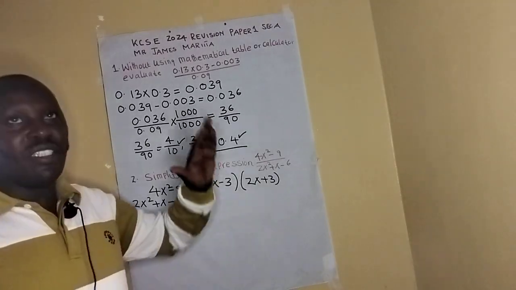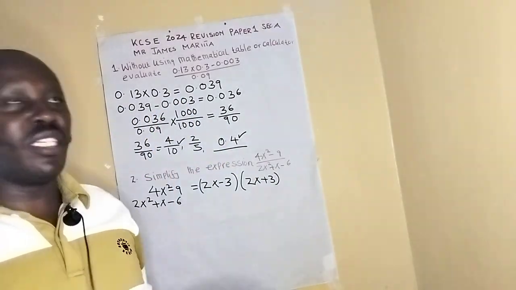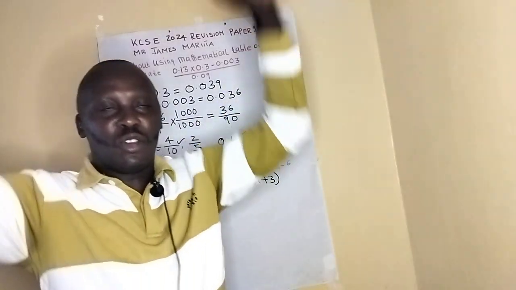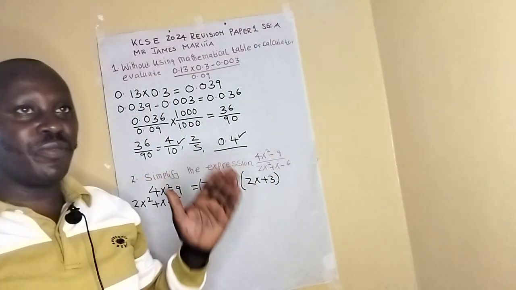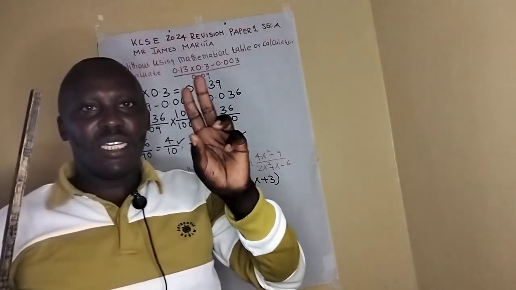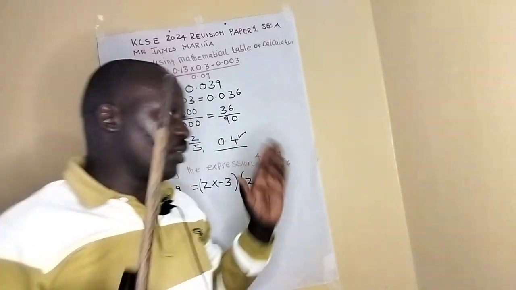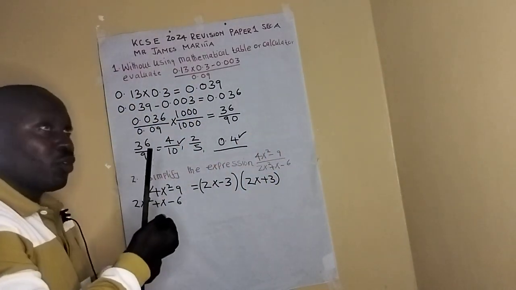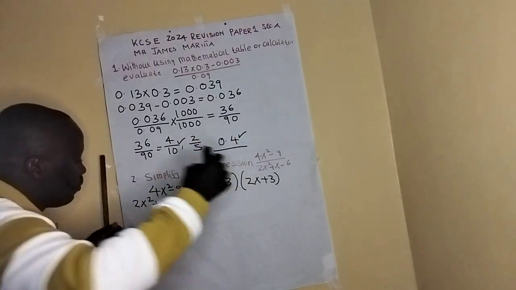Then we have the completing the square method, which also means that you are finding the value of x. So the only method which is applicable here is the product sum method.